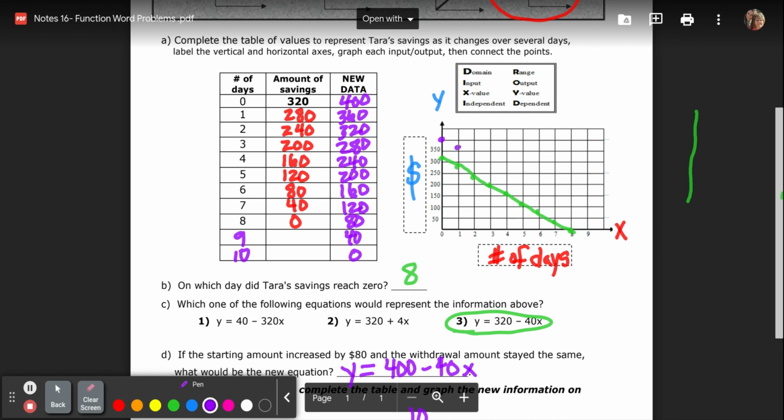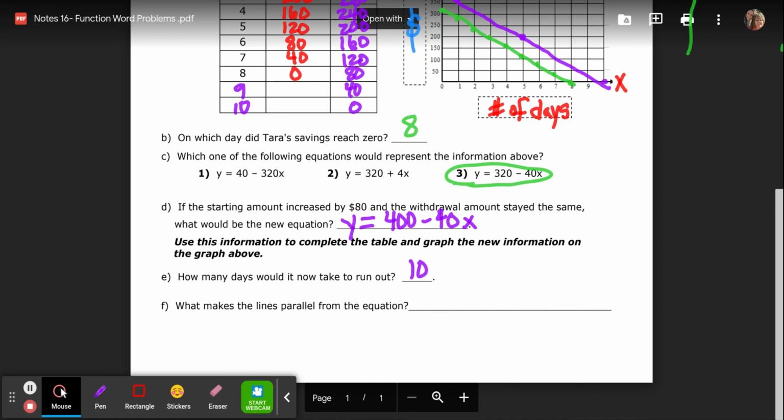Let's go 5 and 200. So it's like right there. And then on day 10, which will be right here. So I'm just going to kind of do the best that I can right here. Just about right there.